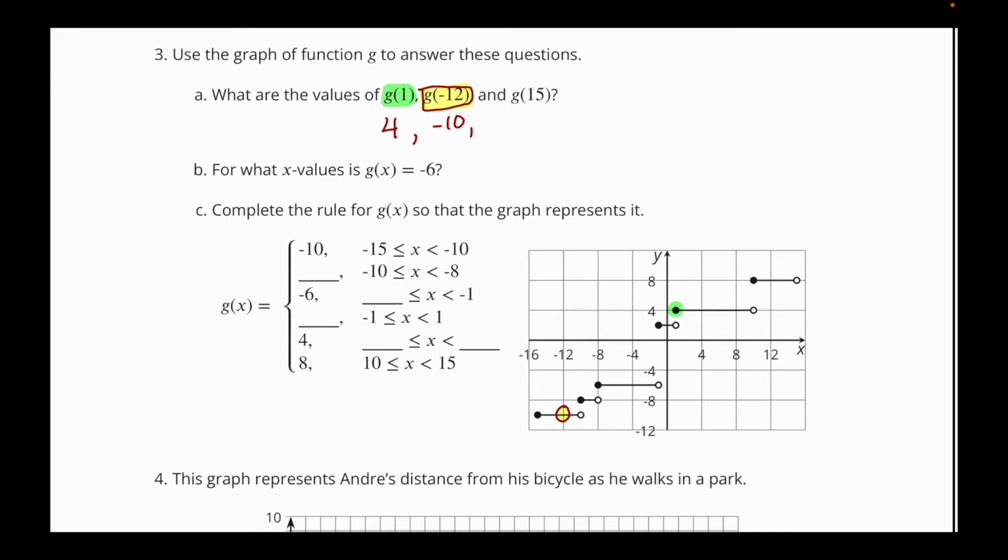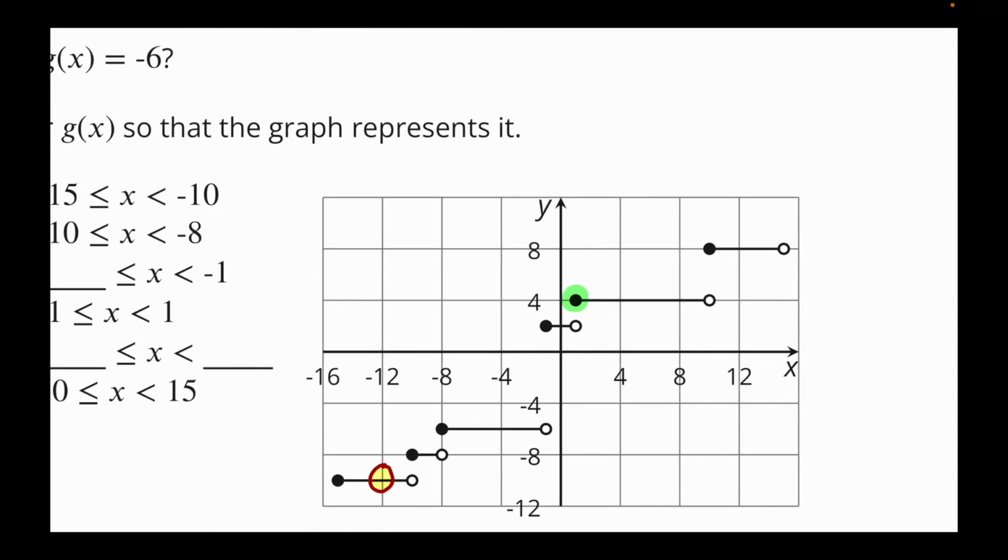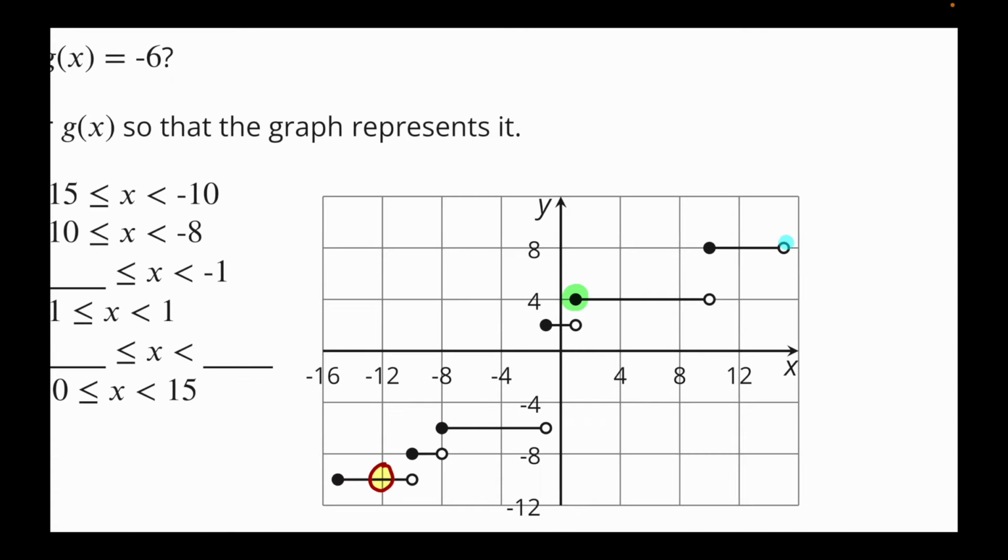And then g of 15, we'll make this one blue. So positive 15, we have here.